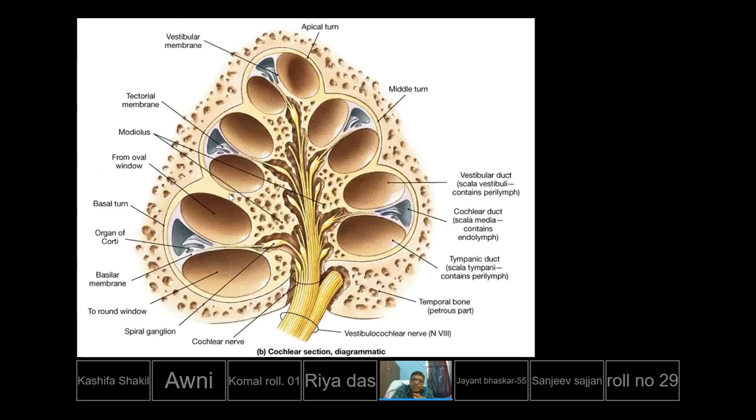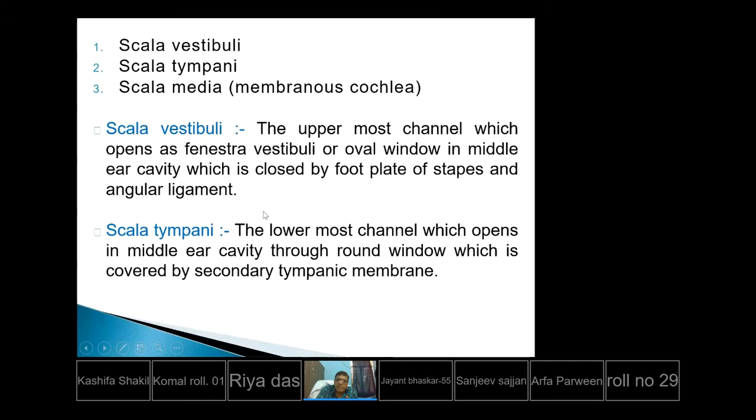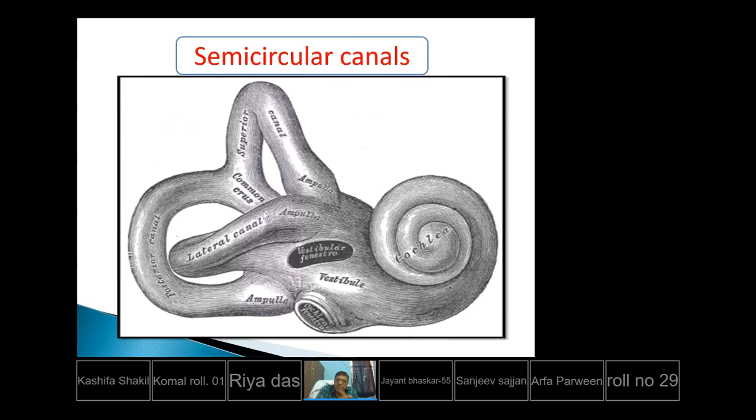Now see in the figure, in this figure, this bony cochlea is a coiled tube-like structure and looks like a snail. Now you can see this turns about 2.5 to 2.75 times around an axis.